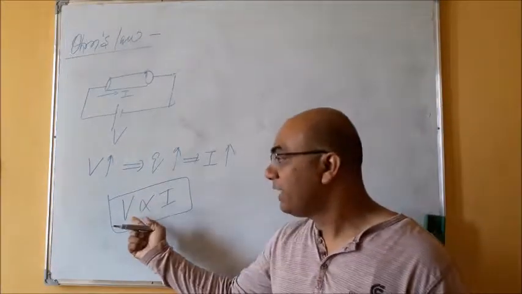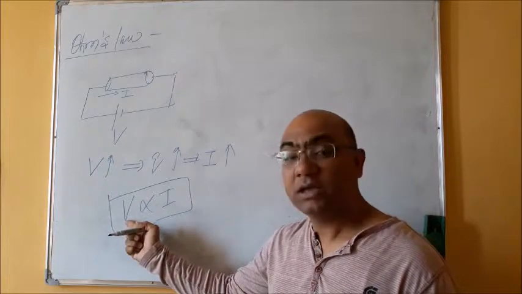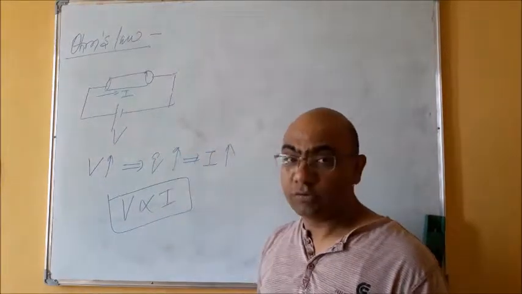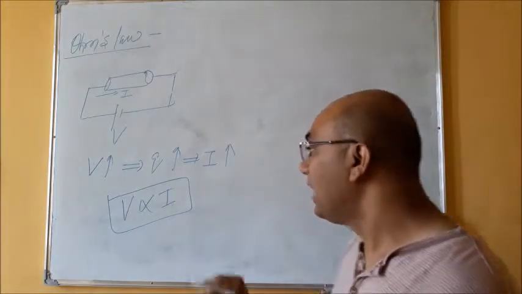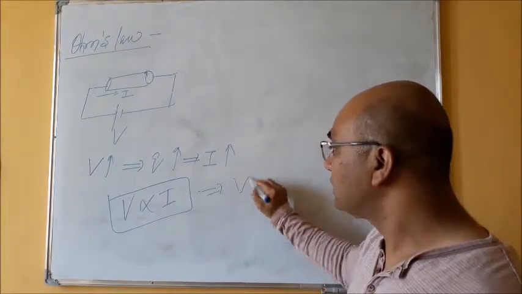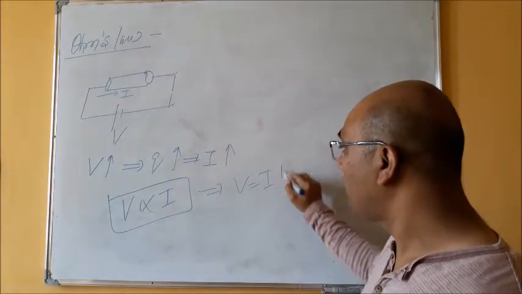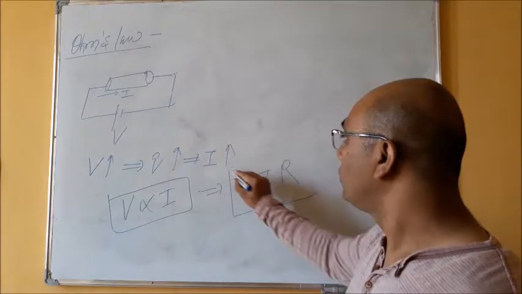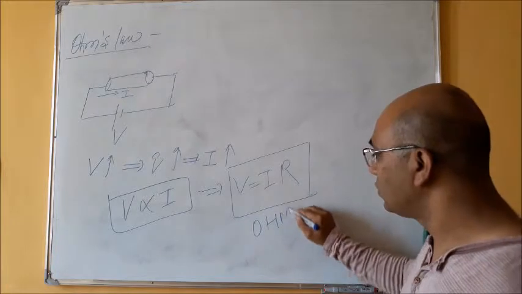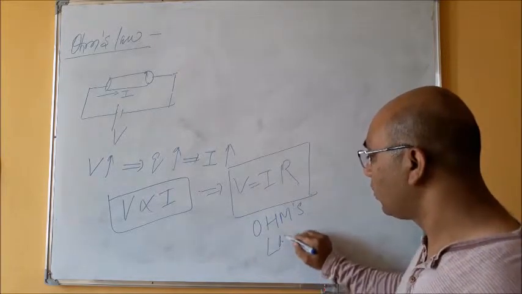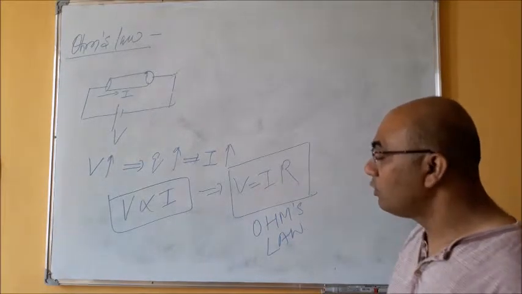It means that if we provide more potential, more voltage, the current will flow more. If we provide less voltage, the current will flow less. And this is given by V equals IR. This relation is known as Ohm's law. So what is Ohm's law?